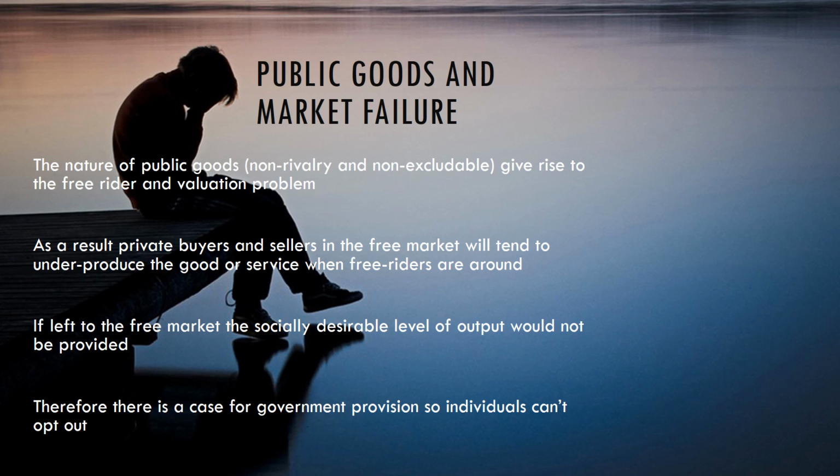And so the ultimate conclusion here is that there is a very strong case that for these types of goods, like flood defense and policing and the army, the government should provide them directly through forcing taxpayers to pay tax so that individuals can't opt out.